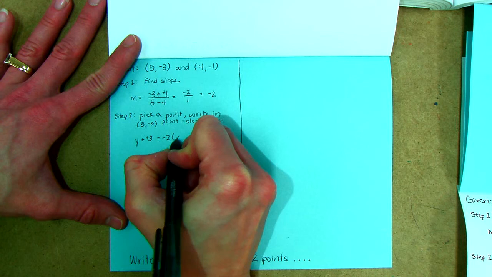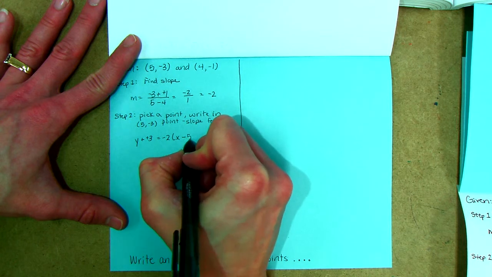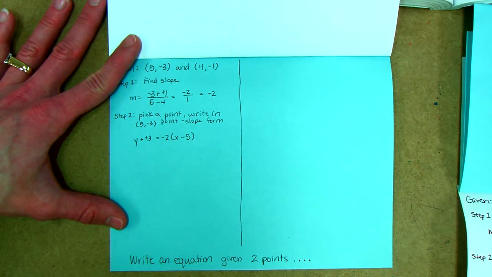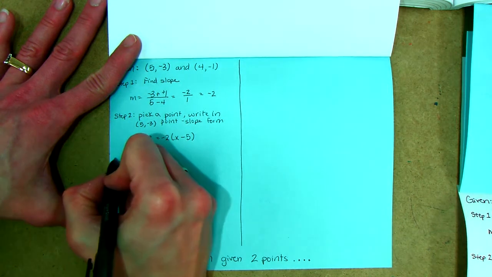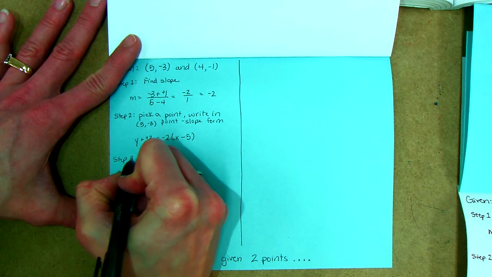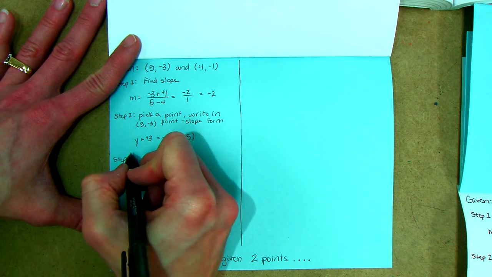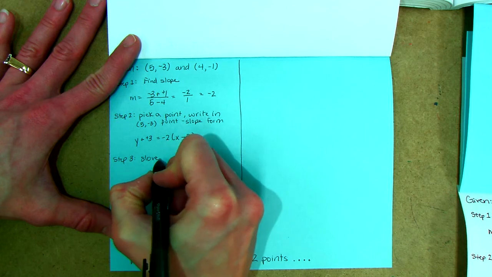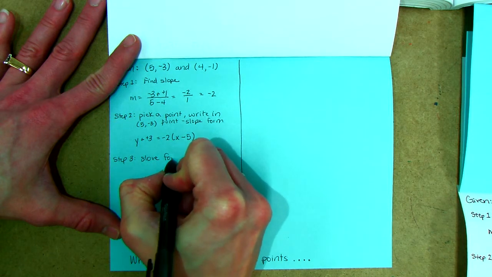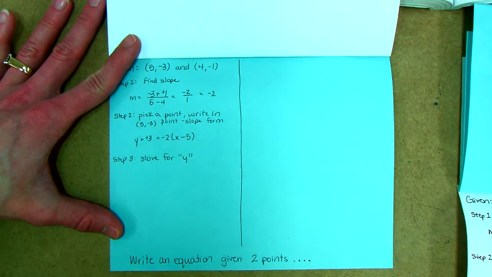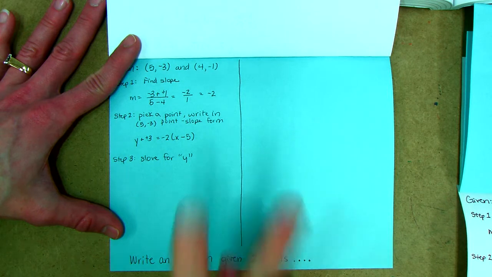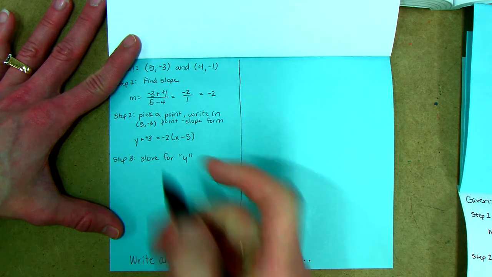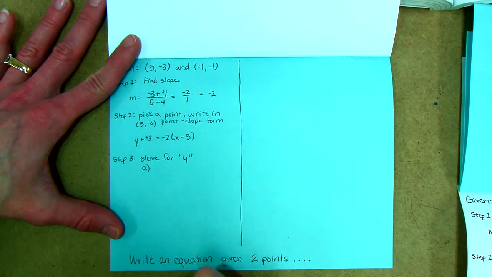Step 3. Solve for the y to put it into slope-intercept form. Now, I'm going to break this down even further. Step A, distribute the slope.